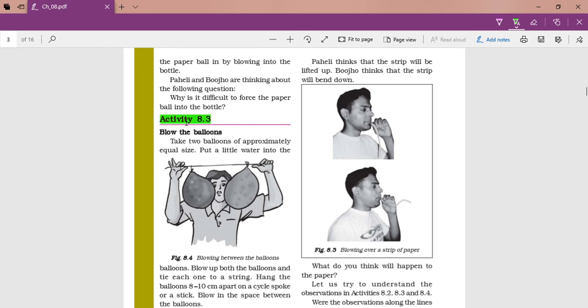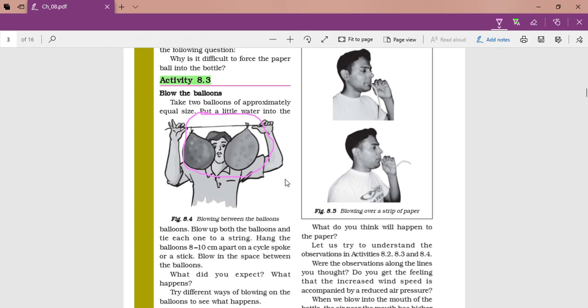Take two balloons of approximately equal size, put a little water into the balloons, blow up both the balloons and tie each one to a string. Hang the balloons 8 to 10 centimeters apart on a cycle spoke or a stick. Blow air between the balloons.